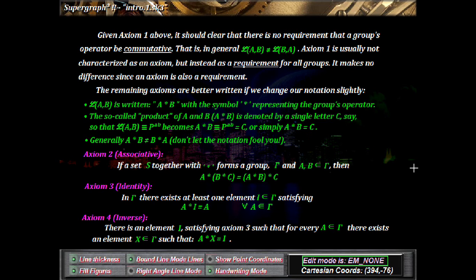Only 4 axioms, very simple, and yet just with these 4 axioms you can prove a lot of things. Okay, and we'll get to that.